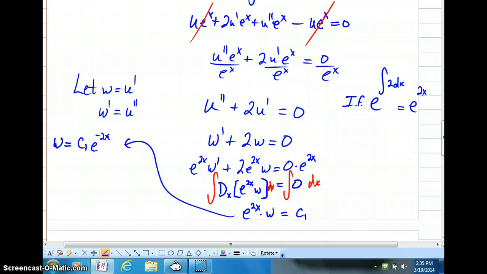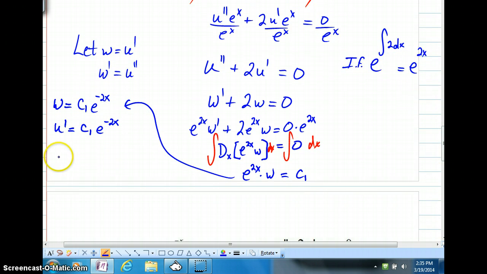You could bring it back up. It's all good. But what was w? w is really u prime. So I've got u prime equals c1 e to the negative 2x. Wow, we are so close to finding u. Guess what u is?